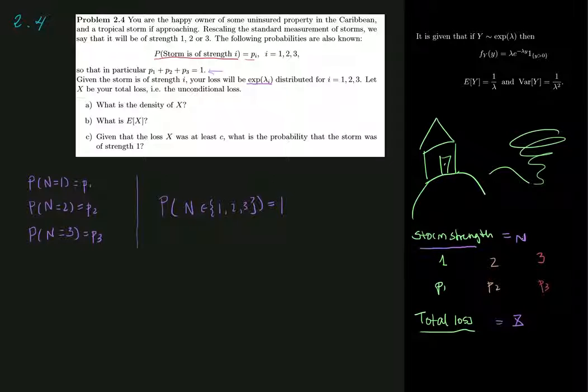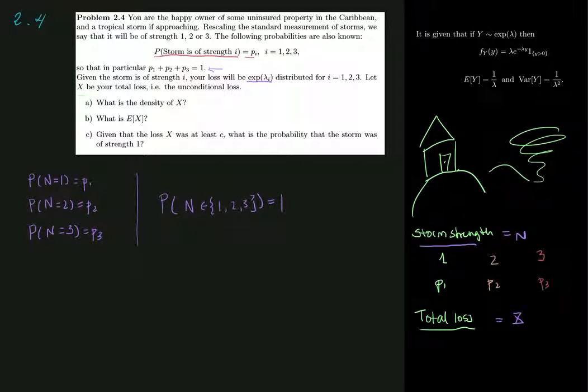So in the case that the storm strength is 1, X will have the exponential distribution with parameter lambda 1. Now, this is not really a good notation here. What we actually want to write is that, conditioned on the fact that N is equal to 1, X will be exponentially distributed with parameter lambda 1.